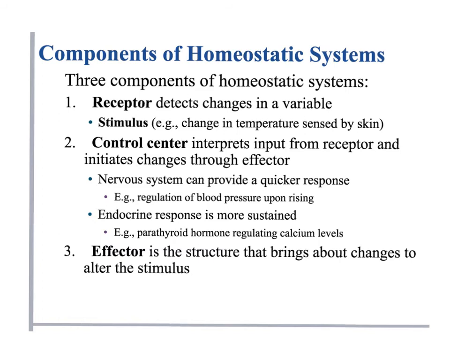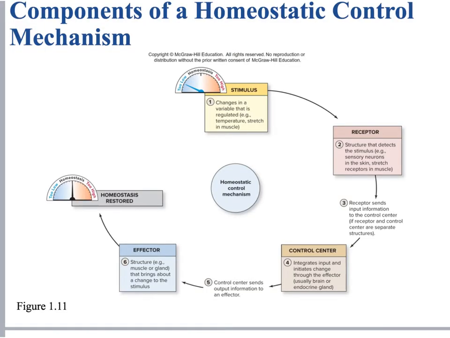Most of these mechanisms are negative feedback, where the response or the effector counteracts, works against the stimulus. All right, so here, changes in variable, right? Temperature, stretch in a muscle are examples.